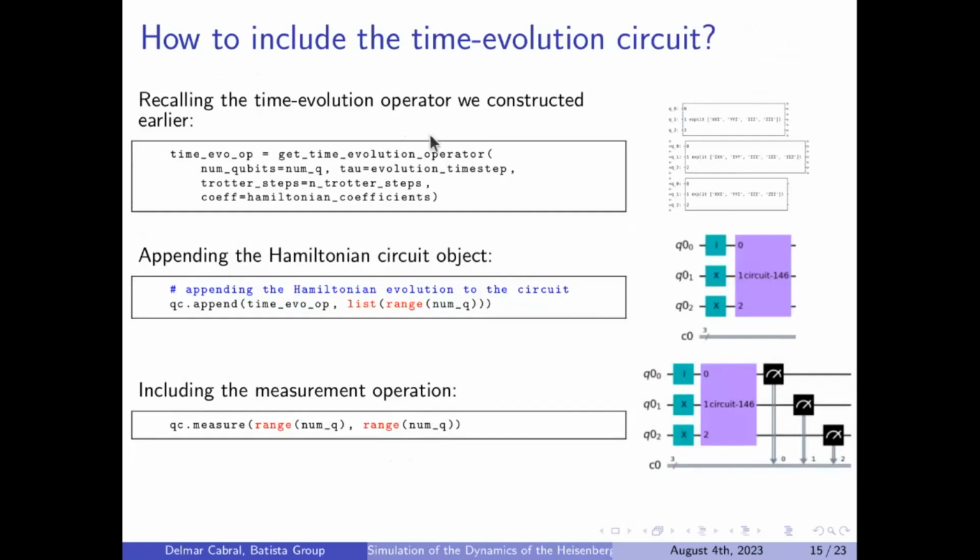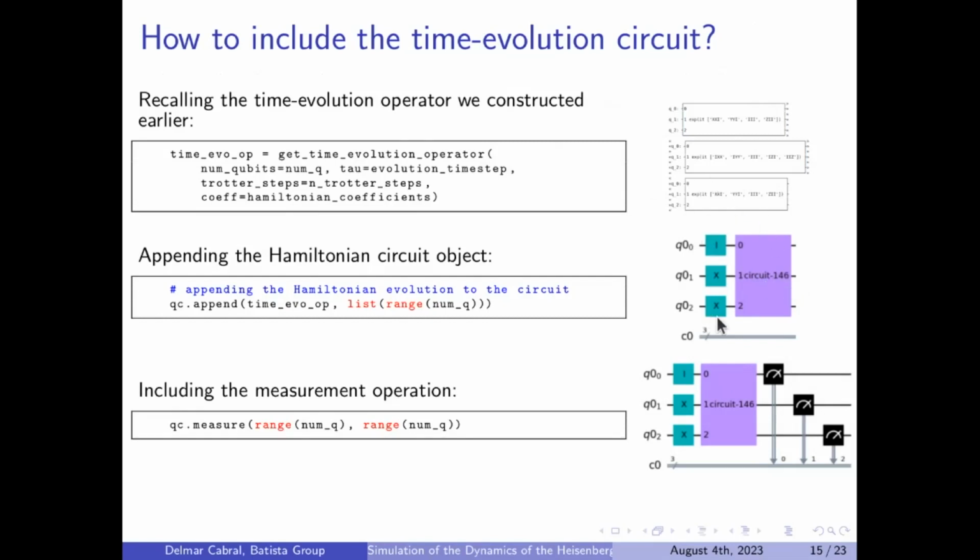So now that we have the initial state, we need to include a time evolution circuit. So recall that you construct the time evolution operator by calling this get time evolution operator function with the appropriate set of parameters to generate the time evolution operator on the right side. We can now apply this entire circuit, called here circuit 146, after our initial state.